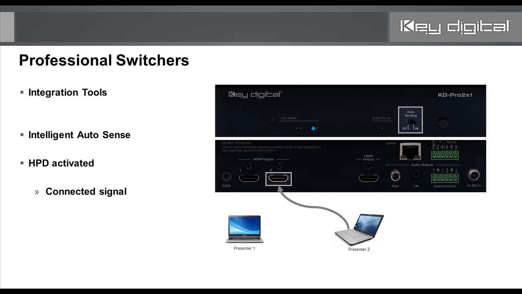So it is activated by hot plug of a newly connected signal, or if you disconnect that wire, you are also activating the auto sensing and it will switch to the next available input sequentially. So from 2 back to 1, or if it were the 4x1 switch, 2 to 3, 3 to 4, 4 back to 1, until it finds an active signal.